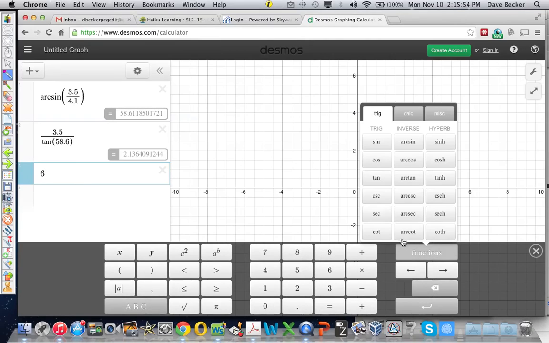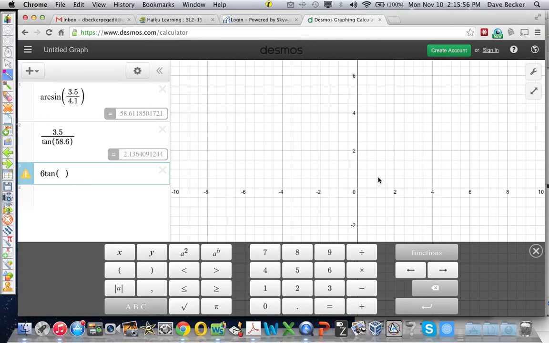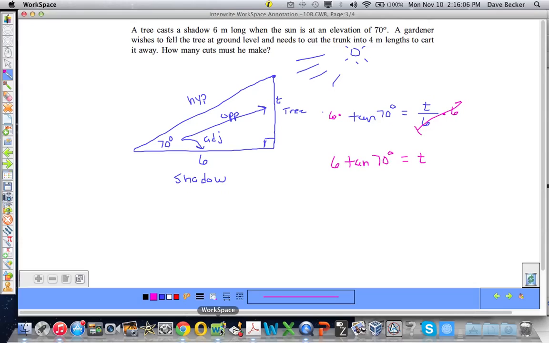You can put in multiplication if you want to, you don't have to. 6 tan 70 degrees, and I get 16.5 right here, rounding to the nearest tenth. So t is equal to 16.5, and that is meters, I believe. Yep, 16.5 meters is equal to t.